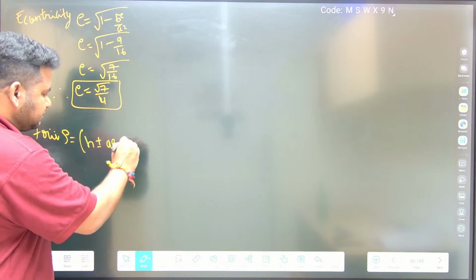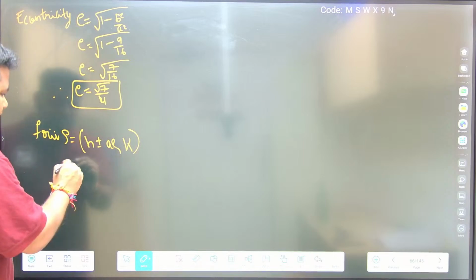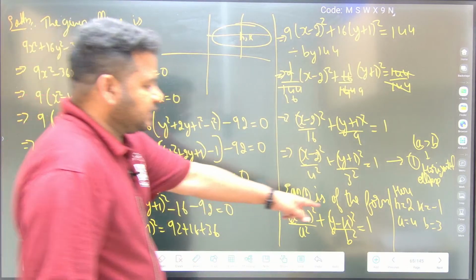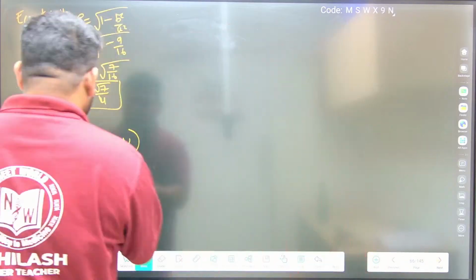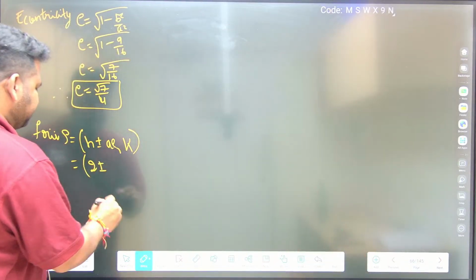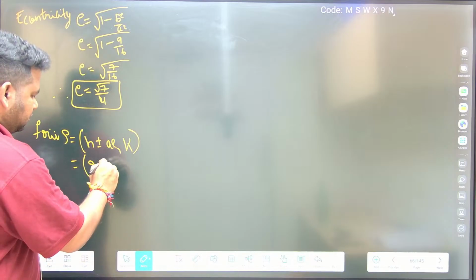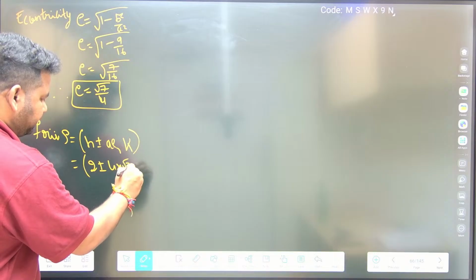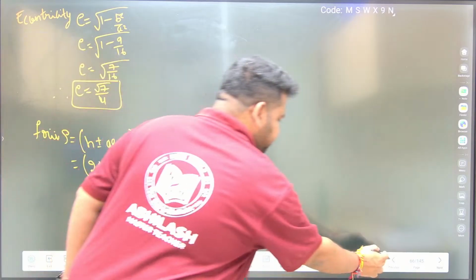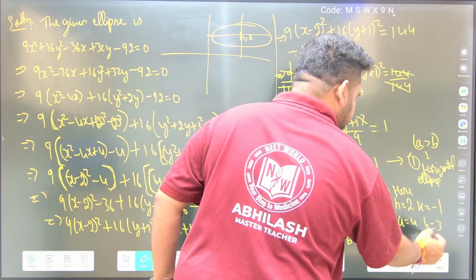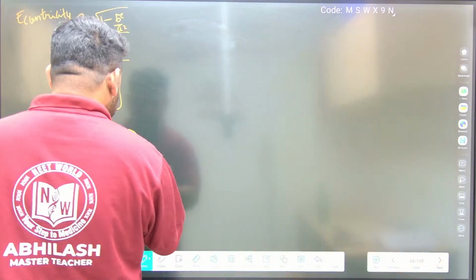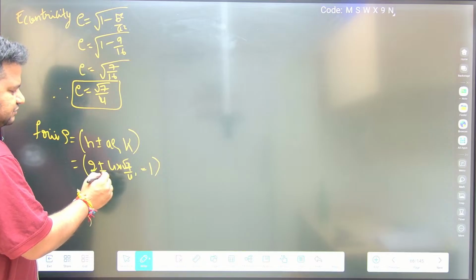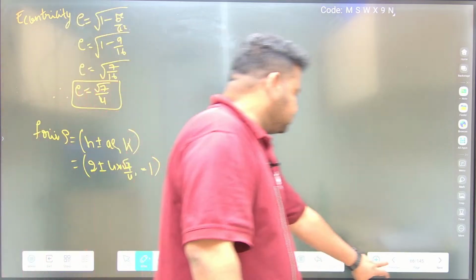Instead of 0 you have to write k. h value is 2, plus or minus a value which is 4, into e which is root 7 by 4, comma k, which is minus 1. a is 4. Correct? Let us see, one minute.